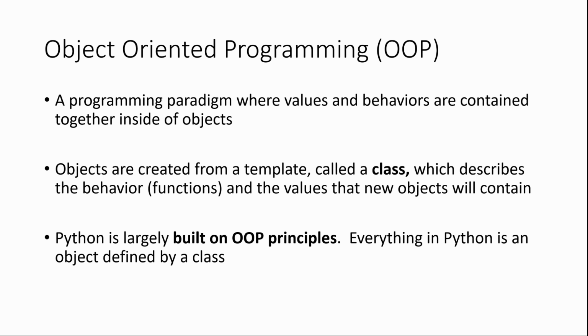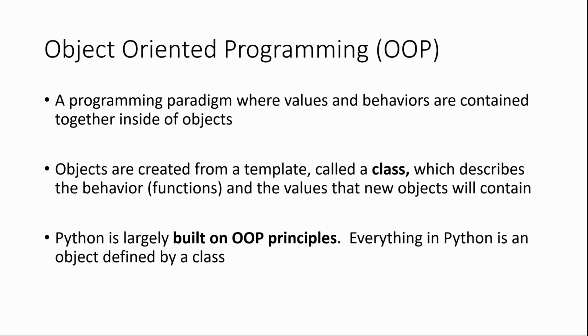Python itself is highly object-oriented. Nearly everything in Python is an object defined by some class. Even basic numbers are objects, which contain state and behavior. However, you will often want to go beyond the basic types available in Python and create your own types that match the specific domain you're working in.